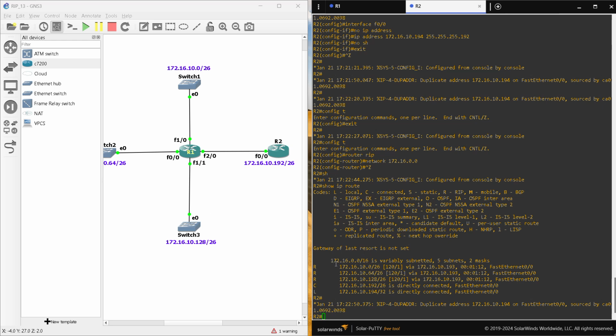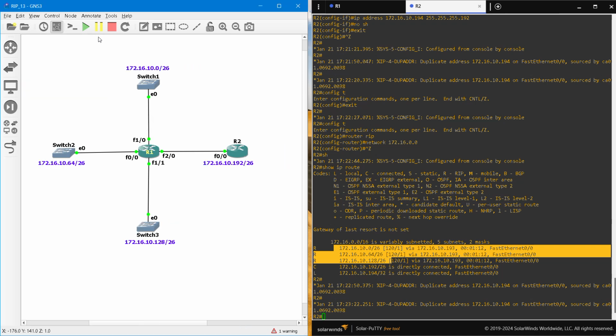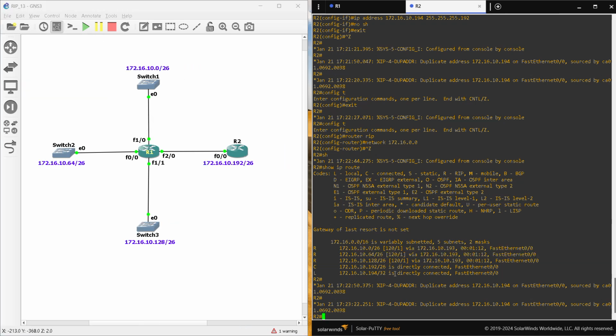As you can see, 10.0, 10.64, 10.128, and this was directly connected. Now this happened because the network was uniform. It was all configured with /26, right?